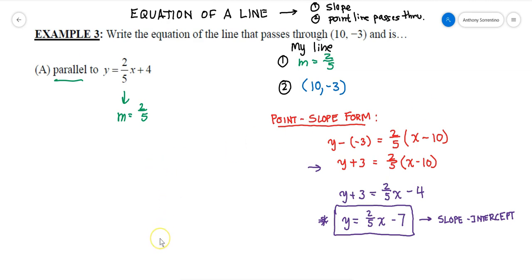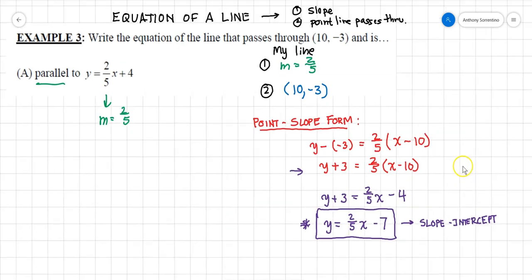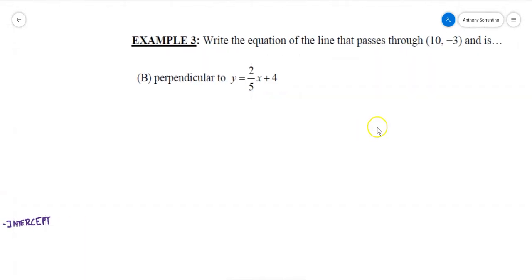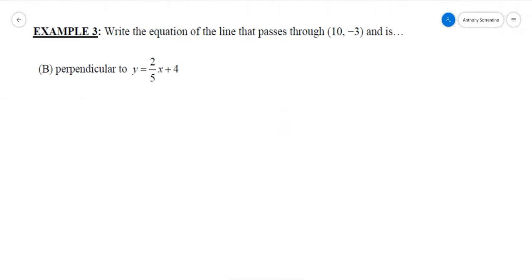Part B is really almost the same problem, except instead of being parallel to y equals 2/5 x plus 4, it's now supposed to be perpendicular to that line.